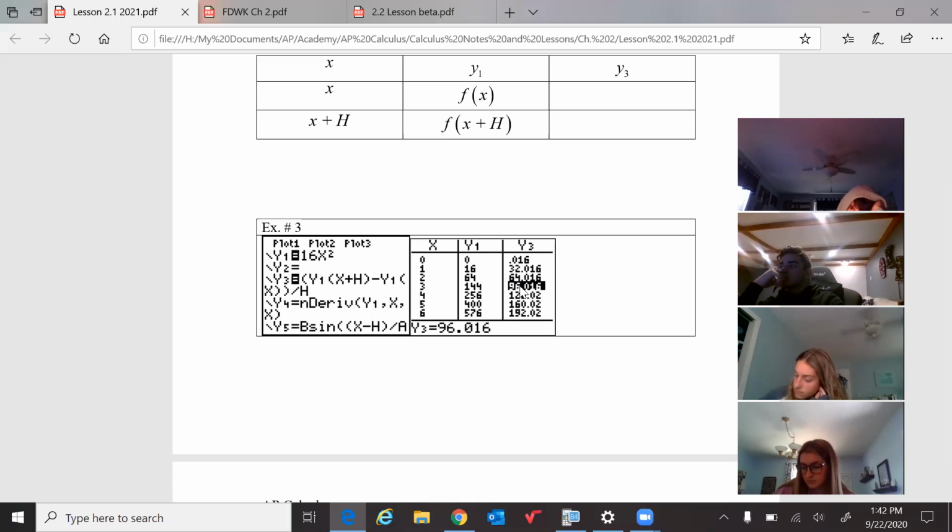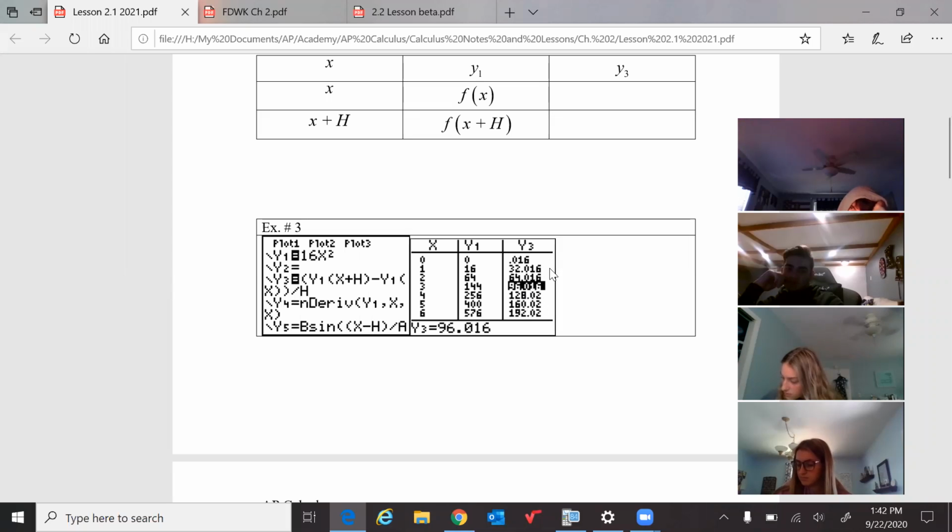It has accelerated between 2 and 3 seconds. It's traveling faster. So if you're looking at this T-chart right here, you have the input, which is time in seconds. You have the output, which is how far the rock has fallen after that many seconds. And you have the velocity in Y5, which is how fast the rock is falling at that specific second.